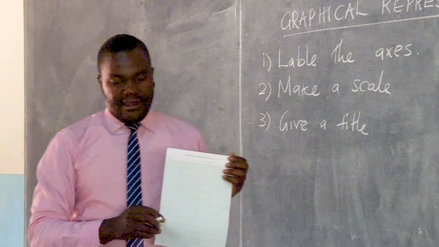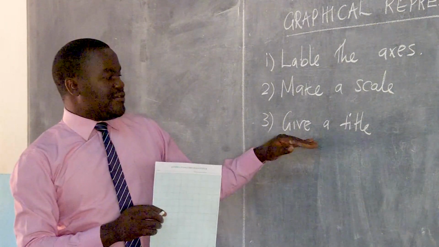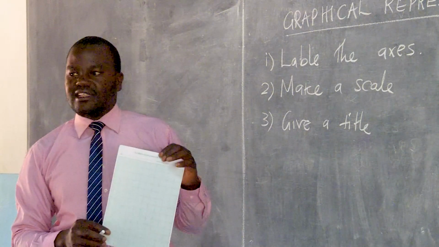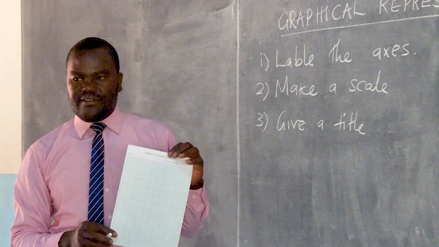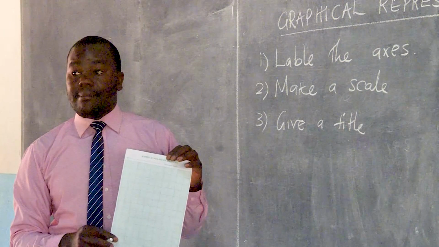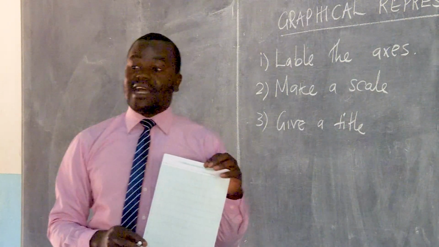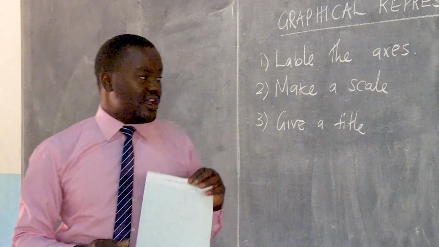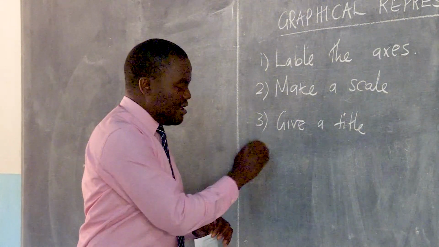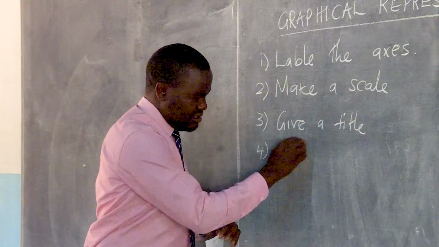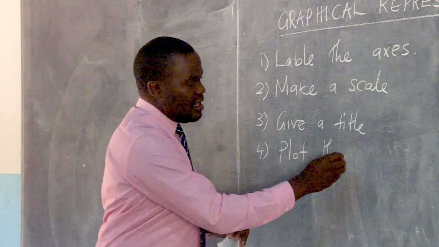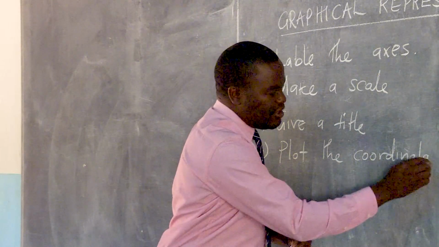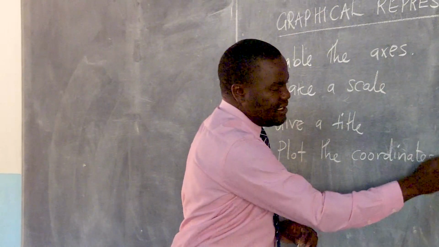Then the fourth thing is, after you've given the graph a title, using the data set that you've been given, you should start plotting the coordinates carefully. So the fourth one is you must plot the coordinates carefully.